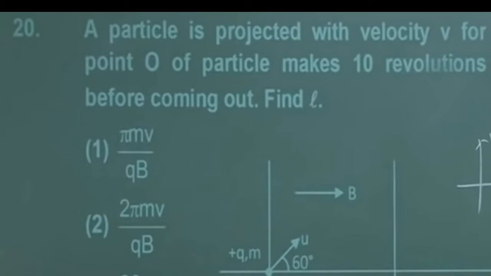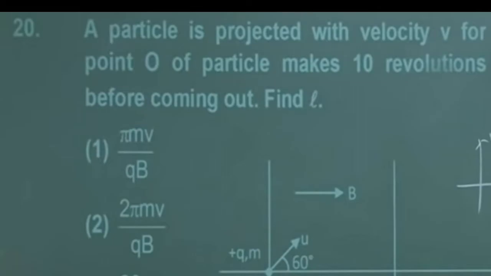Now, let us discuss another question. A particle is projected with a velocity v at an angle 60 degrees with the field. It makes 10 revolutions before coming out.